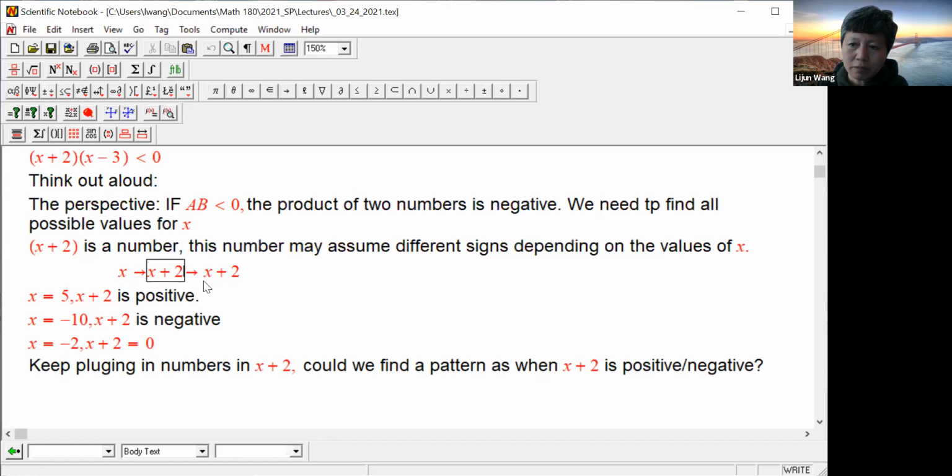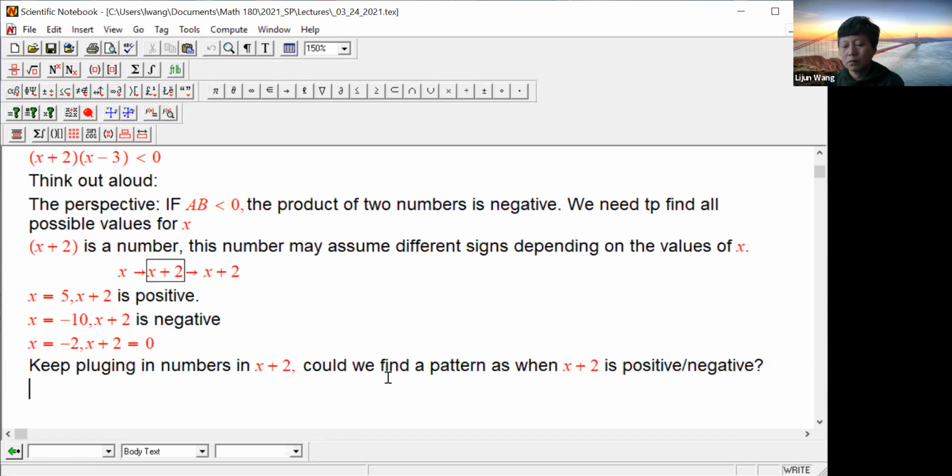Have we found a pattern? Anybody? Everybody?